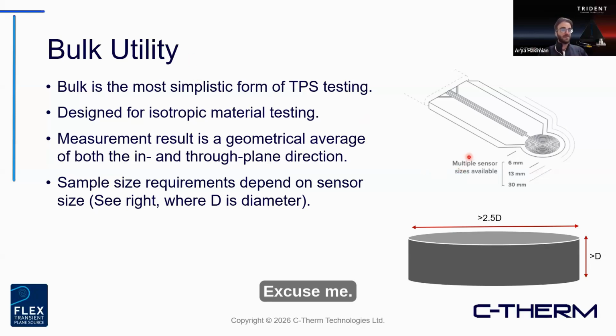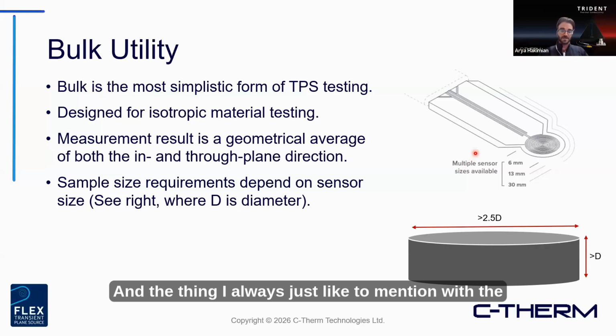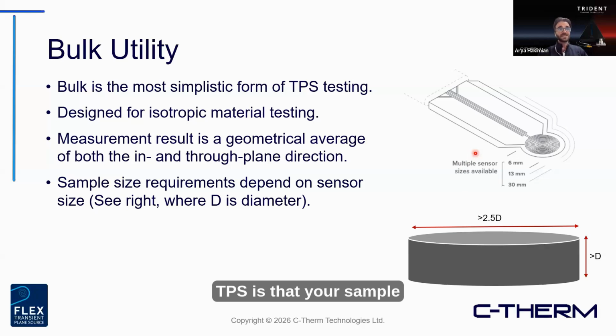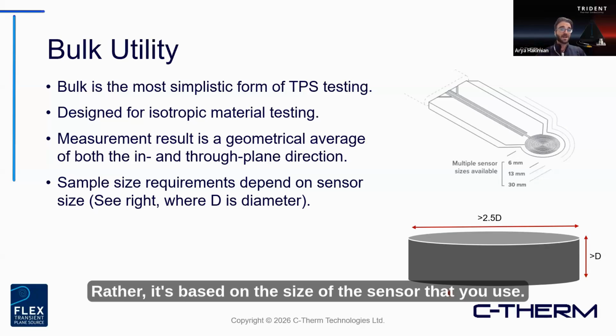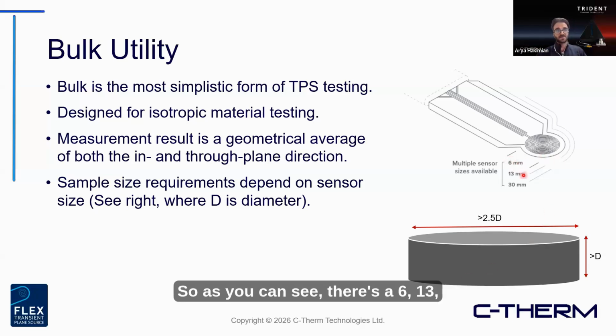The thing I always like to mention with the TPS is that your sample requirements are not based on anything related to the material type or the conductivity range. Rather, it's based on the size of the sensor that you use. There's a 6, 13, and 30 millimeter size sensor by default. Your diameter and thickness scale based on the size of the sensor.